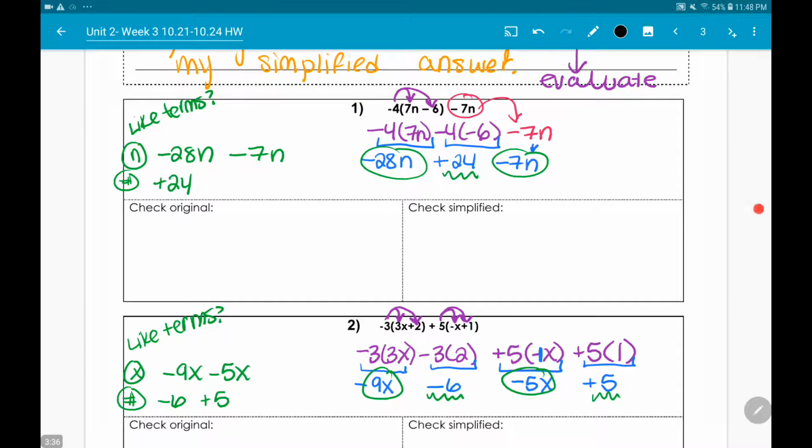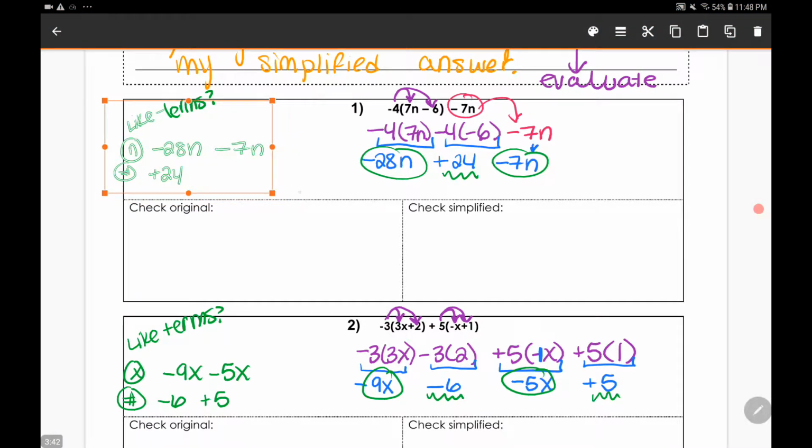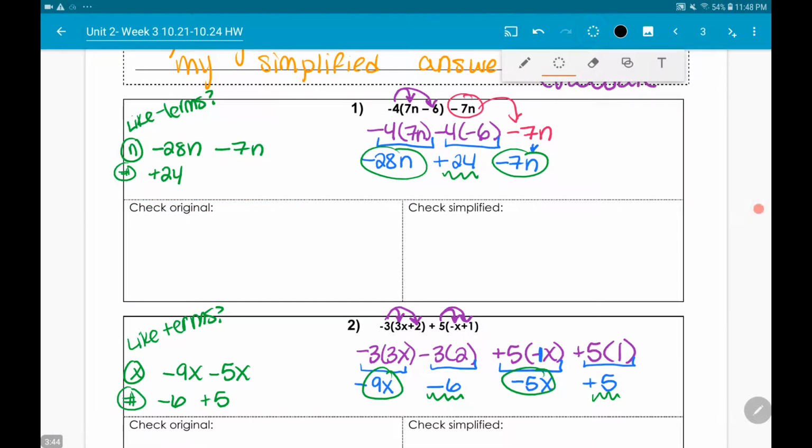Okay, now we simplify. Just going to make this a little smaller. I get negative 35n. And nothing happens with the 24. That stays.